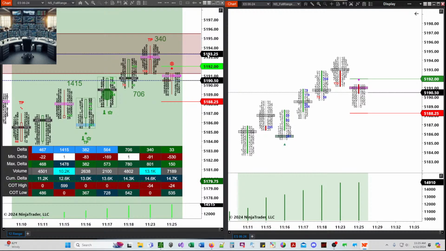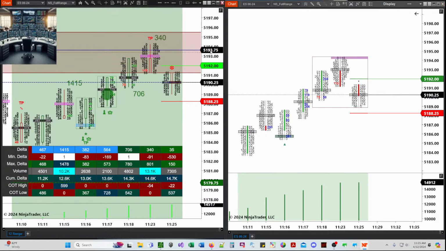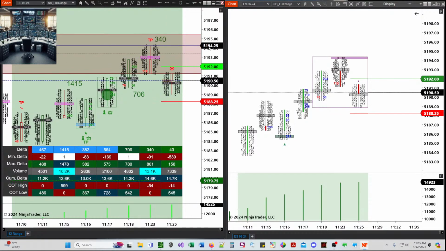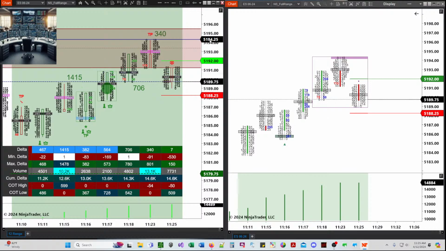Stopping volume, and you got fading momentum on the TDU now. POC wave flashing on Mike Valto's chart now.